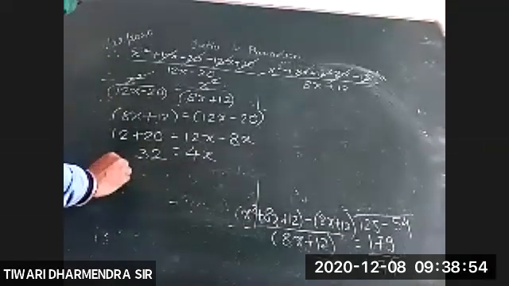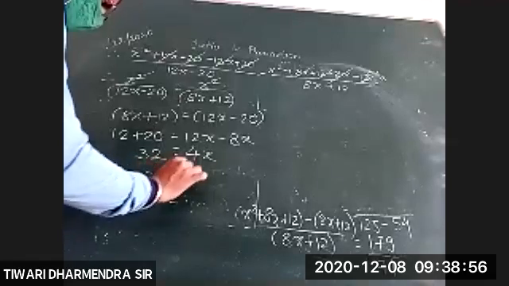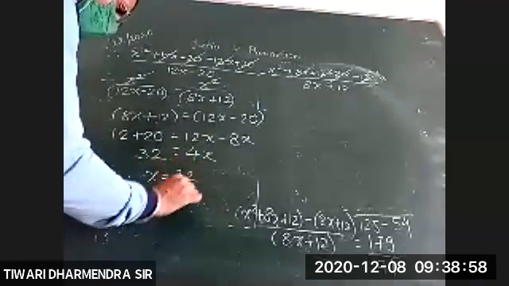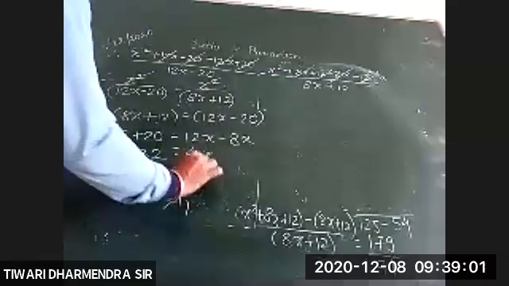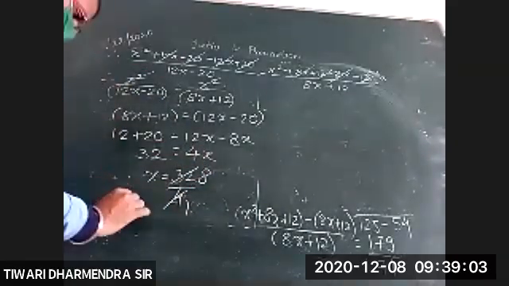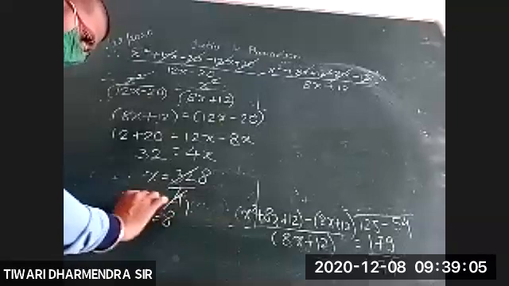So therefore, x is equal to 32 divided by 4. Ones are, eights are. So we got x equal to 8.